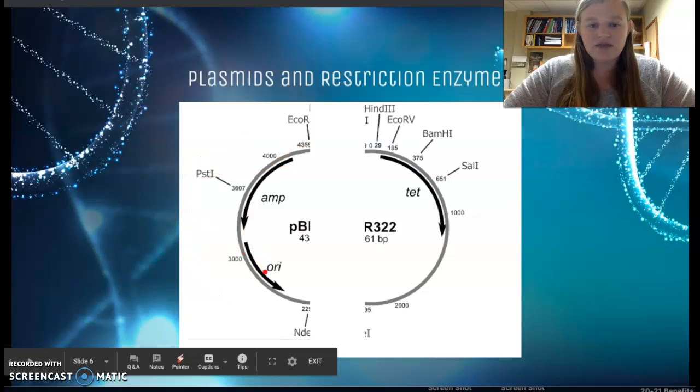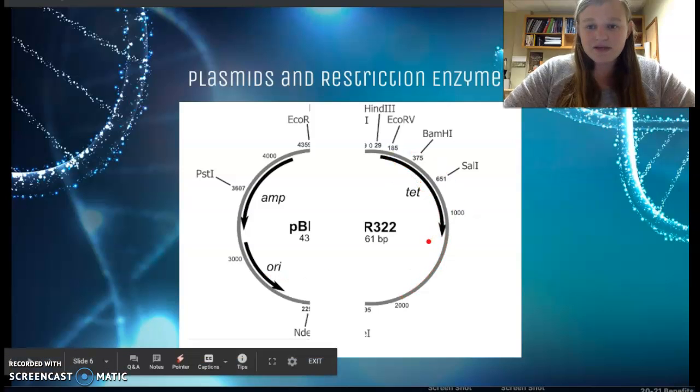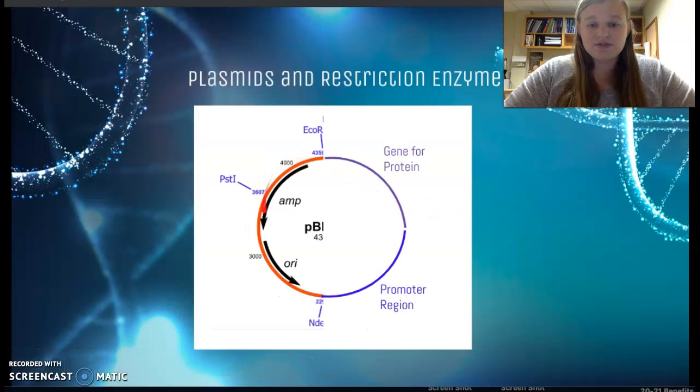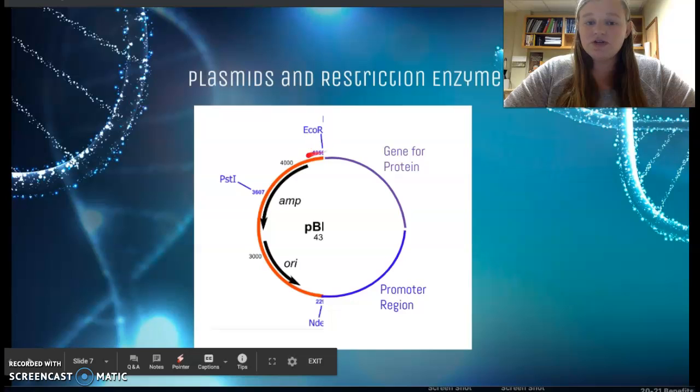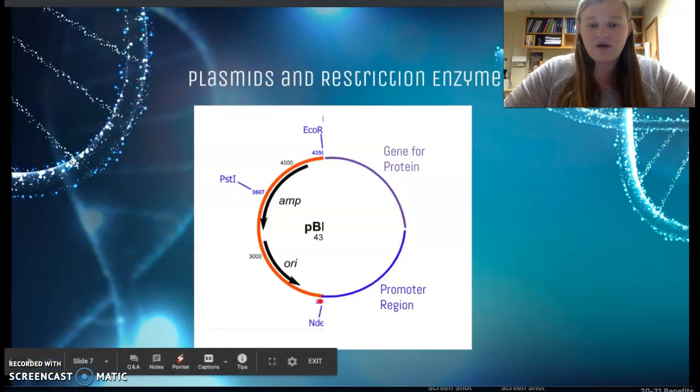We have this side with ampicillin and the origin of replication, and we have this side. This side isn't super useful because it does not have the origin of replication. And so we're just going to use this side. And what we can do is we can then attach genes that we are interested in studying. And so we can attach a DNA sequence that is a promoter region.